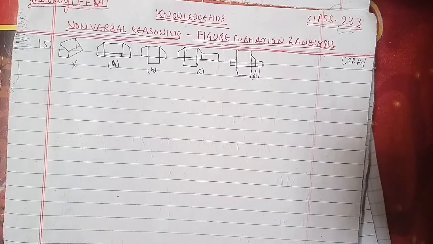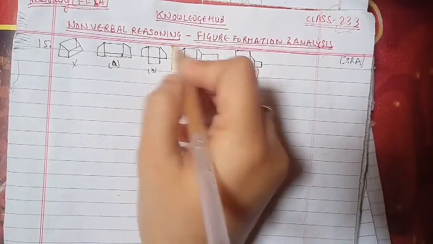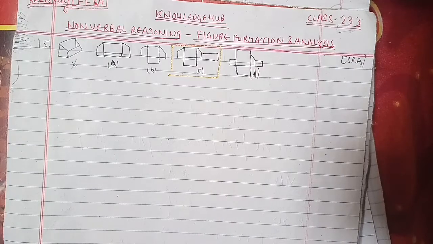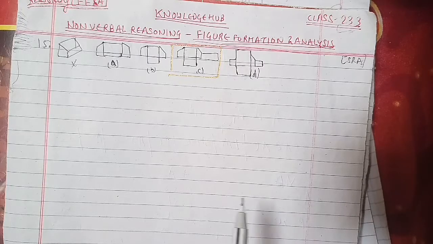Now we'll go ahead with another question, which is another important question. The question is, which of the following A, B, C, D, when folded along the lines, will produce the given figure X? This has also been asked in an SCR examination paper, so we'll go ahead with it. The figure we have is as follows.